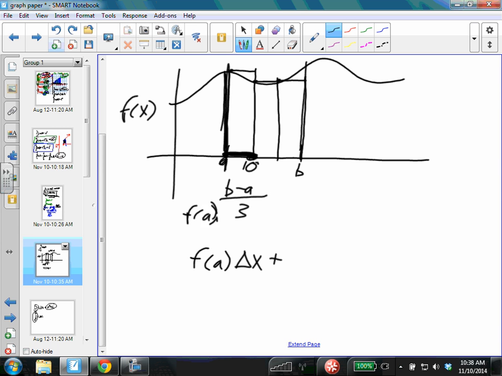So I'm just going to call this next spot C, and I have B at the back. That's the only reason I'm using a C instead of a B right now. It would be F of C times delta x plus, and I'll call this one D, F of D times delta x, so on and so forth, right?